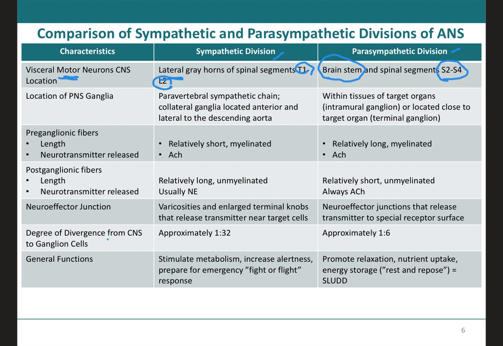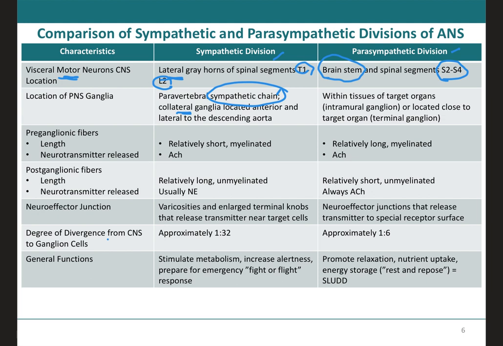With regards to the location of the ganglia in the peripheral nervous system, in the sympathetic division, the ganglia, remember, will form the sympathetic chain ganglia, and can also be located in the collateral ganglia, but what I really want you to focus on is that the sympathetic division has this chain of ganglia.